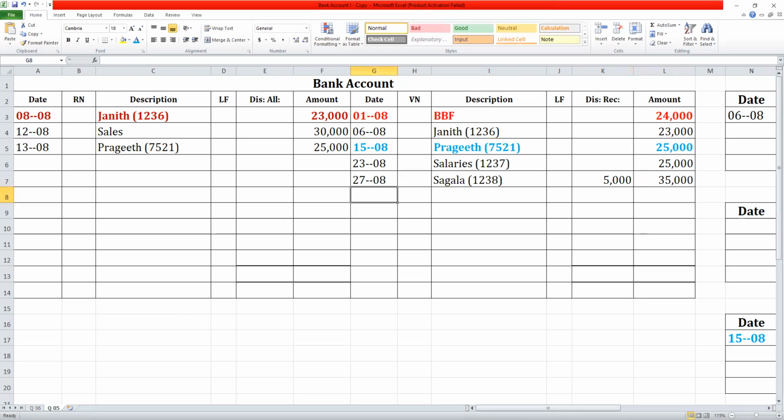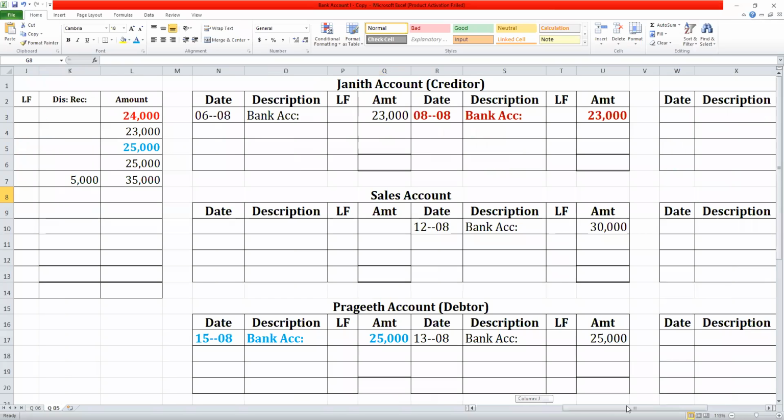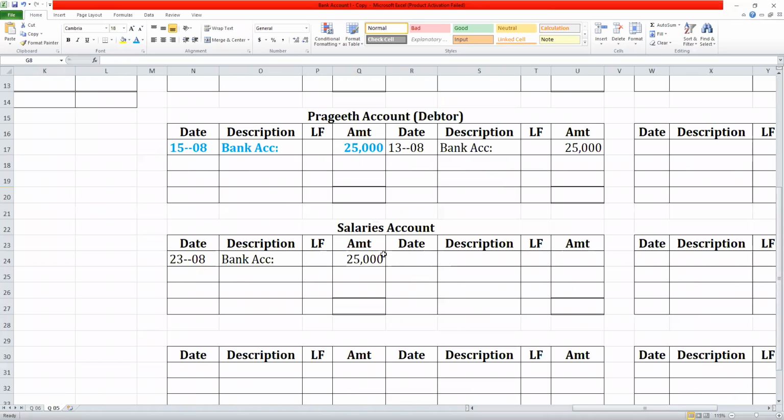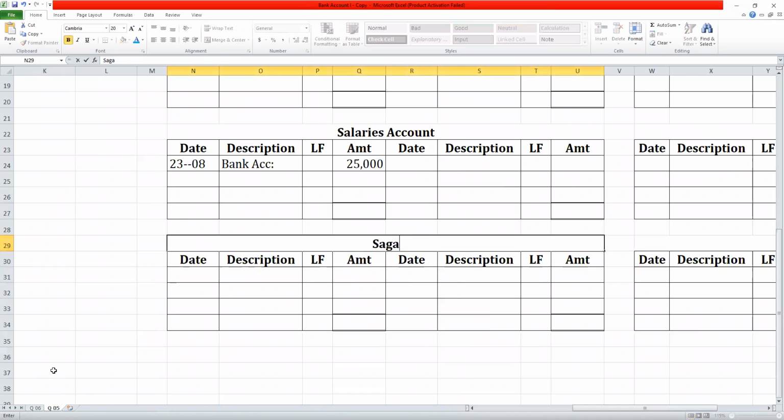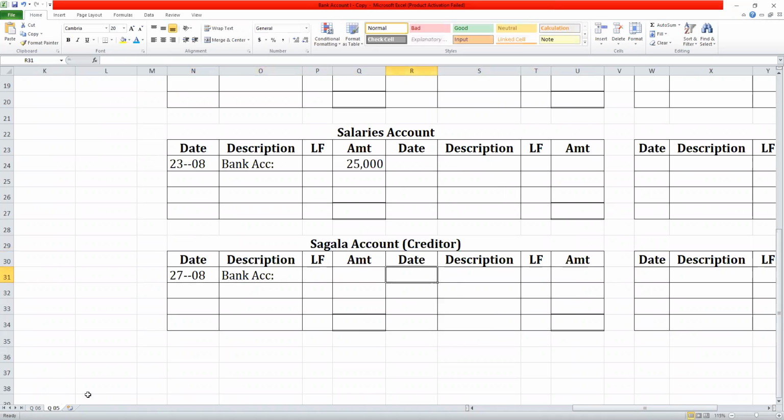Now let's update Sagala's account. Name the next account as Sagala. Remember, Sagala is a creditor. So we have paid him 27th of August. Bank account 35.